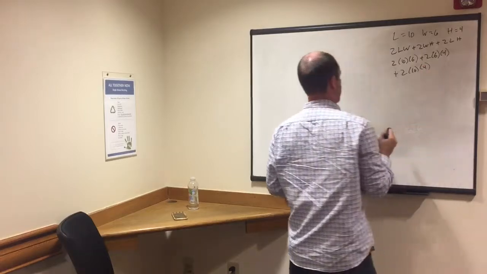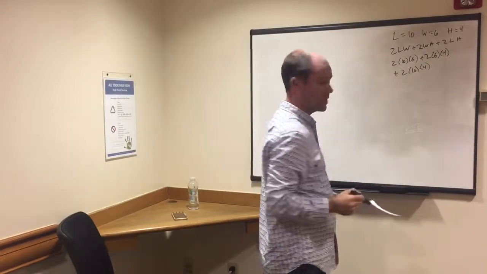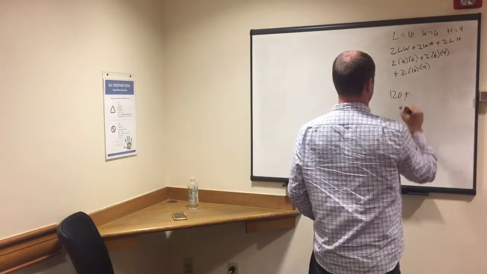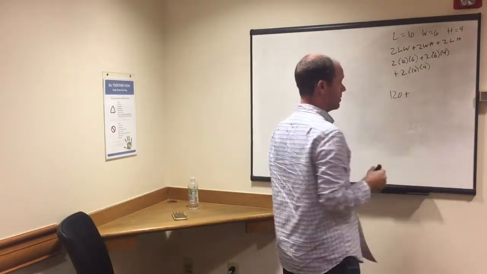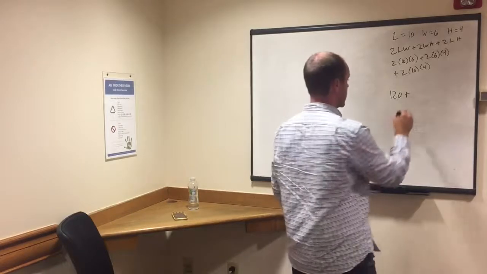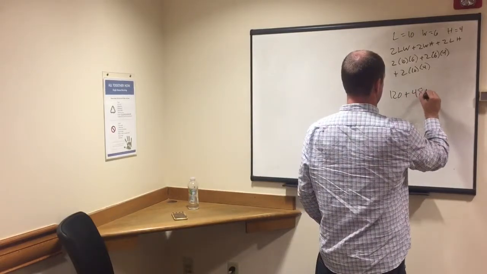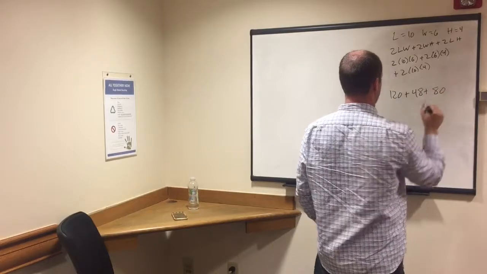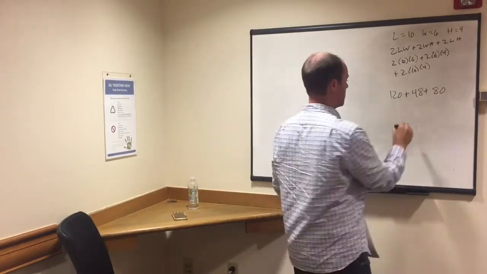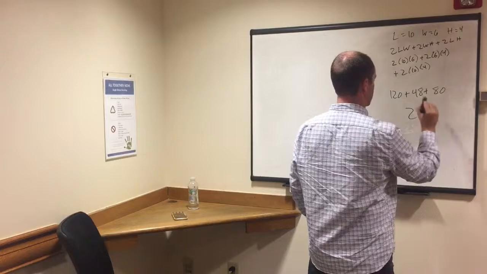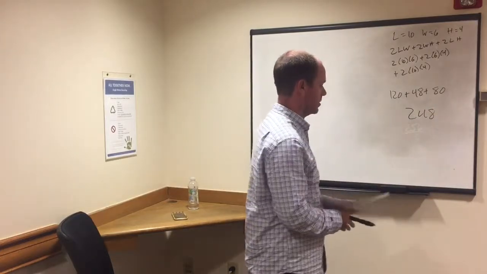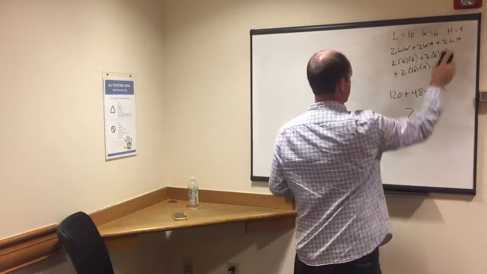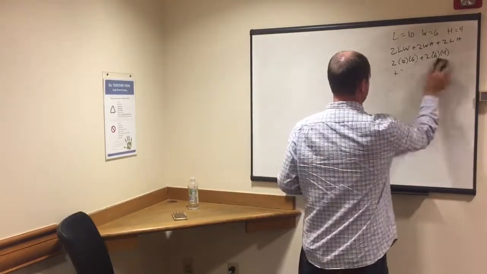Okay, and then we multiply these all out. 10 times 6 is 60, times 2 would give us 120, plus 6 times 4 is 24, times 2, 48, plus 4 times 10 is 40, times 2, 80. All right, those are our three numbers. If we add these up, we get 248. Okay, so that's surface area of a rectangular solid. This is the formula we need to know for this one.